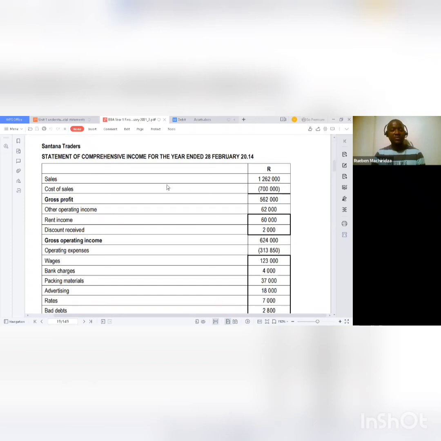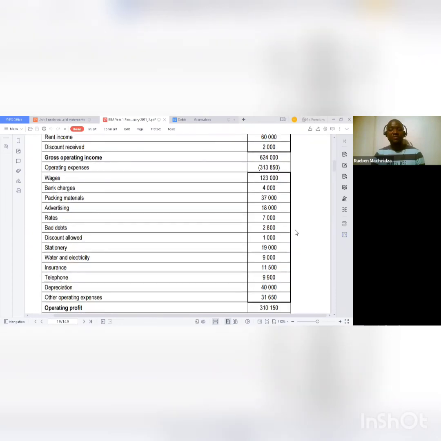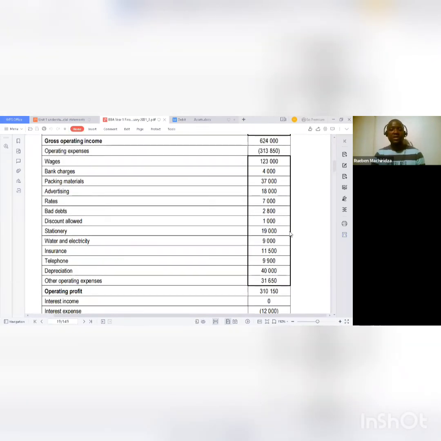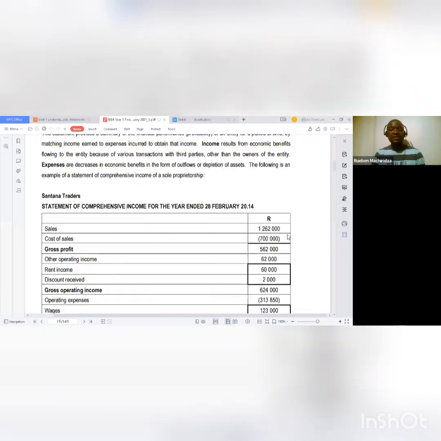So if circumstances permit, I'm going to circulate a question to the admin, and then you make sure that you get it in the next lecture. We attempt that question. If you also have questions pertaining to the statement of comprehensive income that you have encountered and you want clarification on, you are free to give them to the admin, so that he gives them to me. So that would be all from me for today.